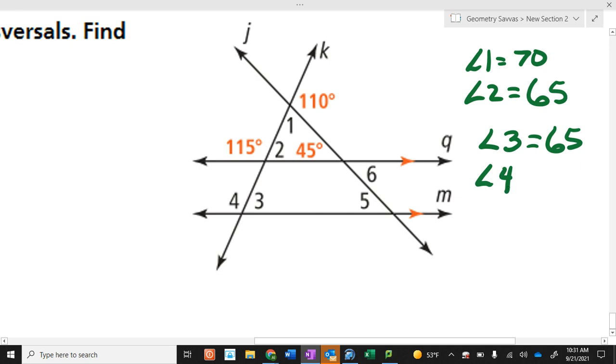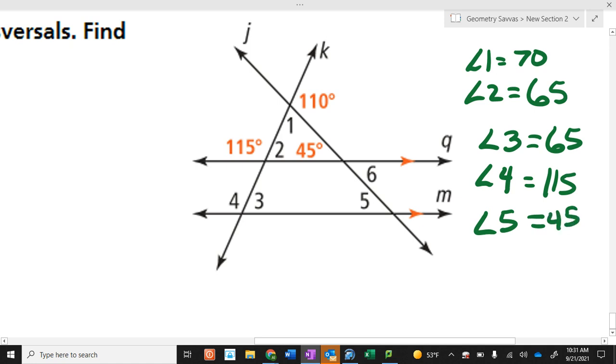Angle 4. How big is angle 4? Why is it 115? Because it corresponds with the 115, or with angle 3, it forms a straight line. It's a linear pair, so they add up to 180. Okay? All right. Angle 5. What's angle 5 going to be equal to? 45.